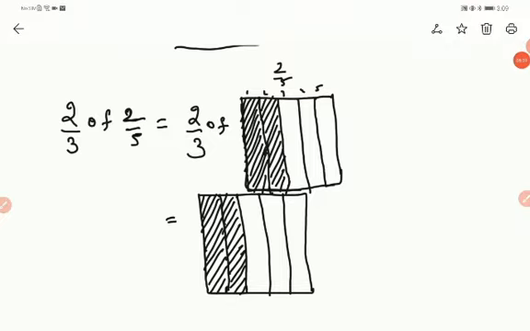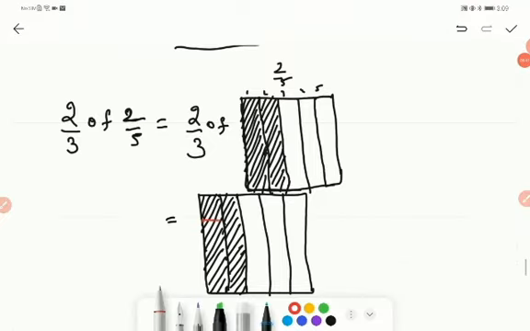So this should be divided into 3 equal parts. 1, 2. Consider that they are in equal parts. Okay. So out of these 3 equal parts, I need to mesh the region how much? 2, isn't it? So I will mesh this region again.